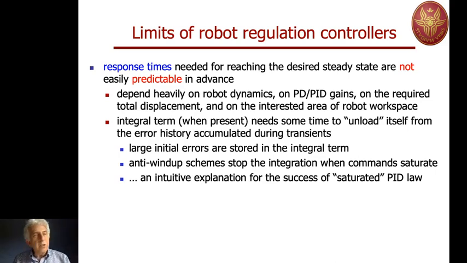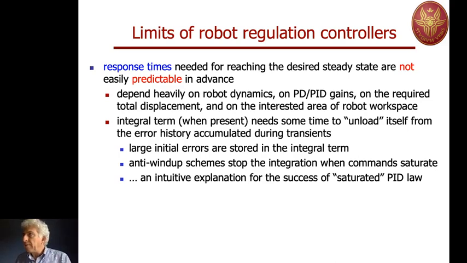One may also consider the fact that in practice the actuators have some limitation, and if I want to prove that a PID or even just a PD control in the absence of gravity works, I should take into account the presence of this saturation.